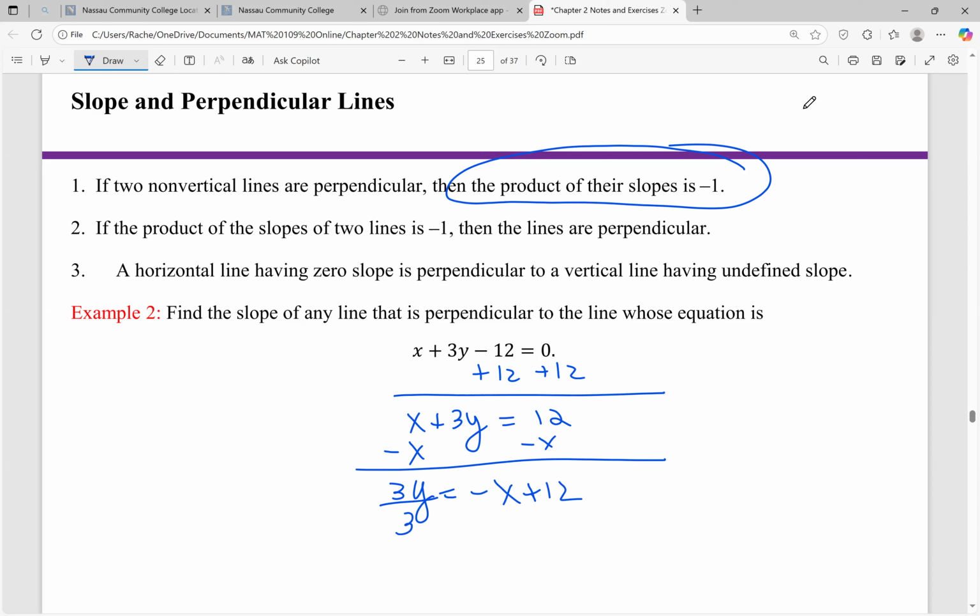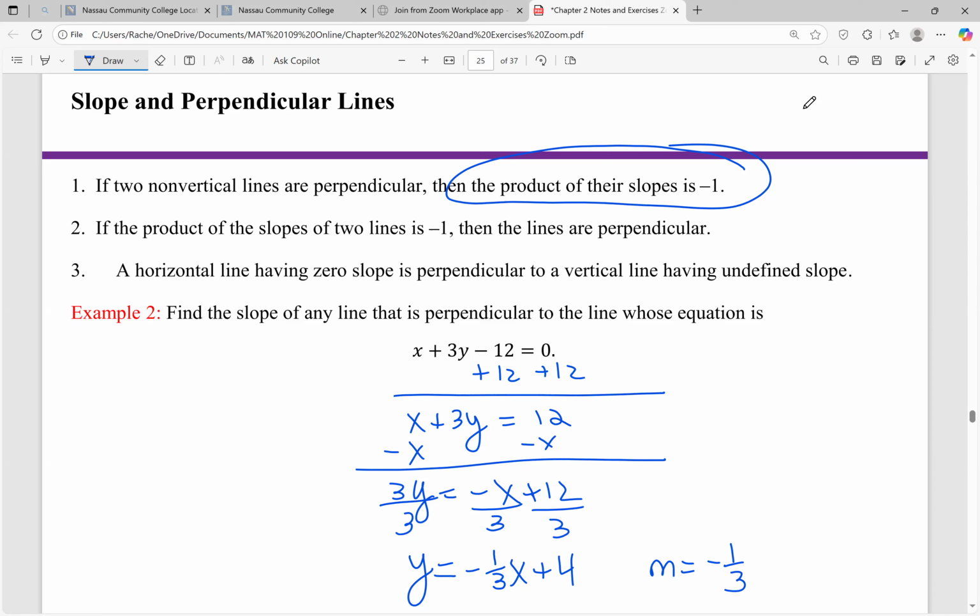And then divide by 3. So y is equal to -1/3 x plus 4. So all I did was rearrange this equation into y equals mx plus b form. Now I can identify the slope. The slope of this line is equal to -1/3.